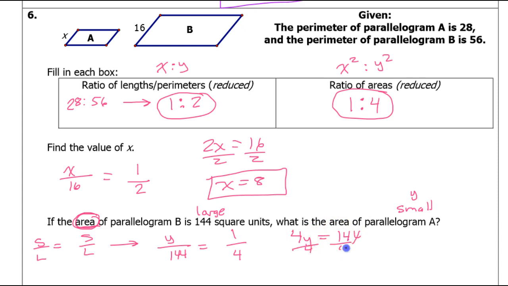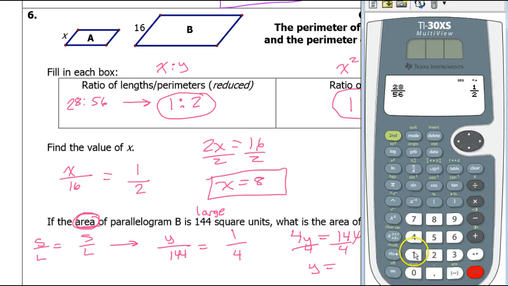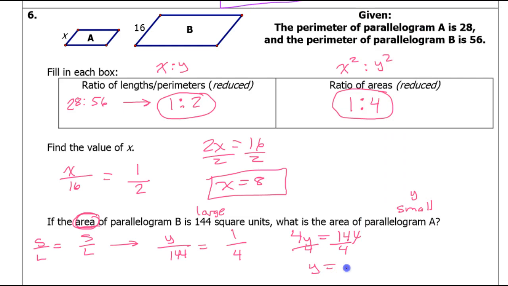Then I have to divide both sides by 4. So what is 144 divided by 4? 36. So y is 36, 36 square units. All right, so that will be the area of parallelogram A.